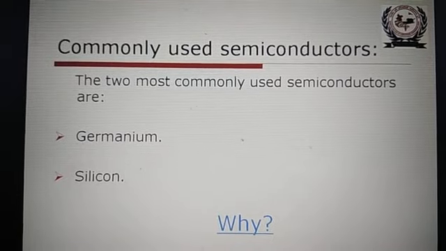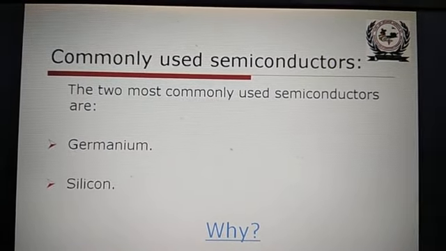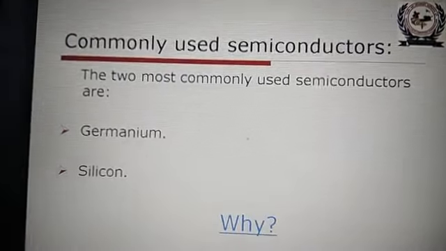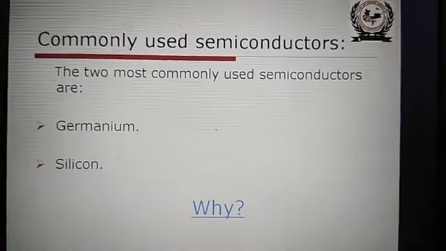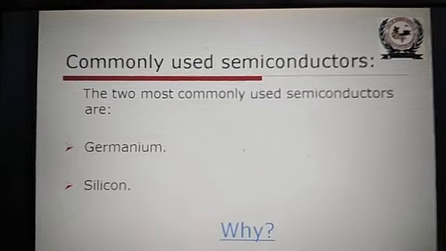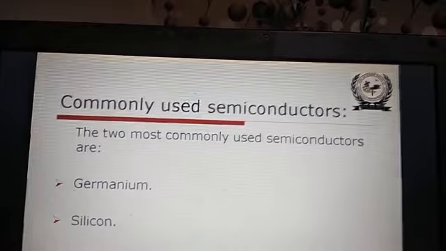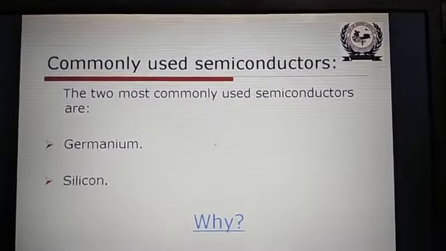Conductors have no energy band gap, while insulators have a large energy band gap between the conduction band and valence band. So, silicon and germanium are the two commonly used semiconductors. Then again in the periodic table we have other semiconductors also. But the question is, why are germanium and silicon preferred?